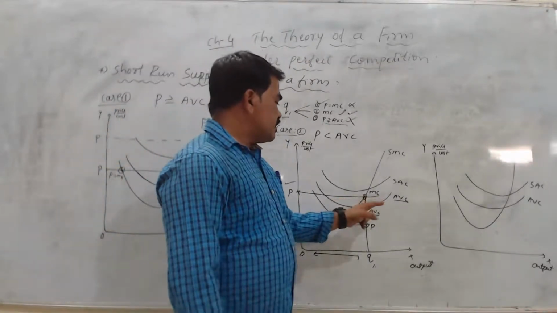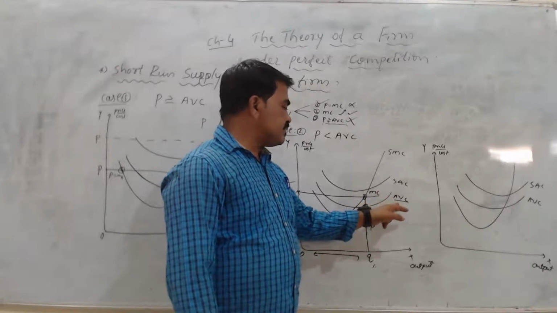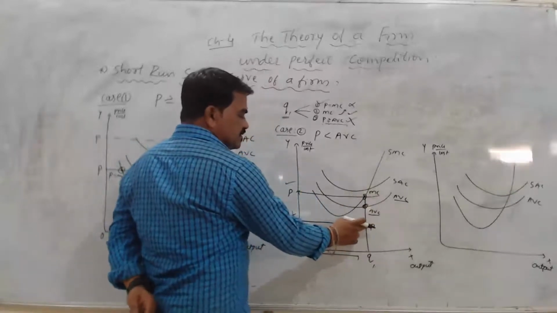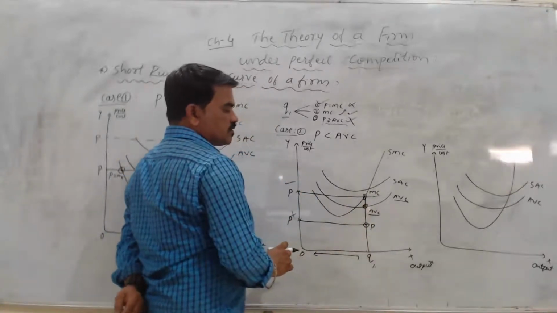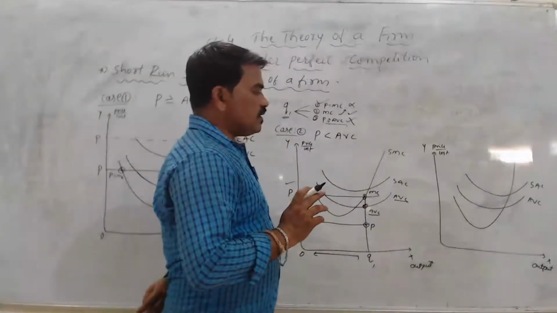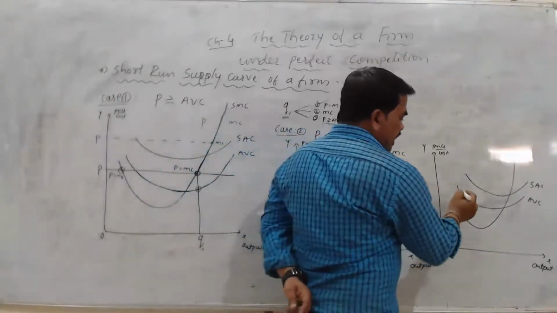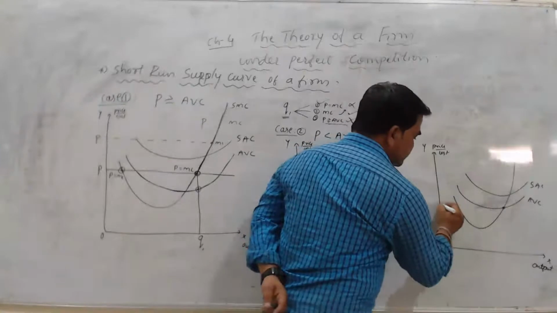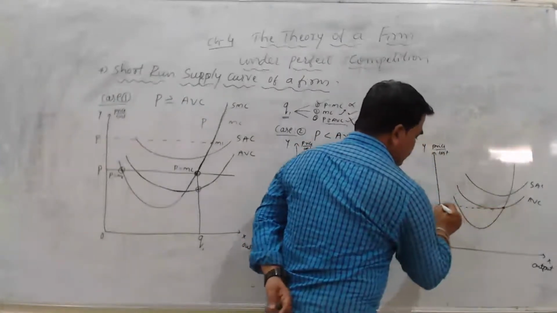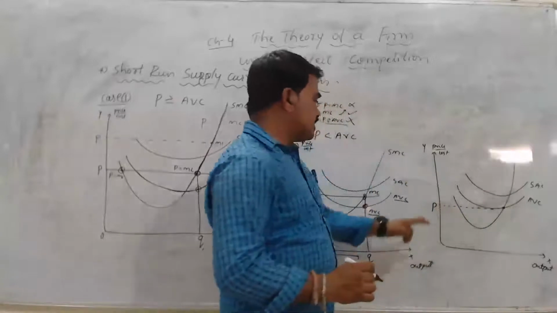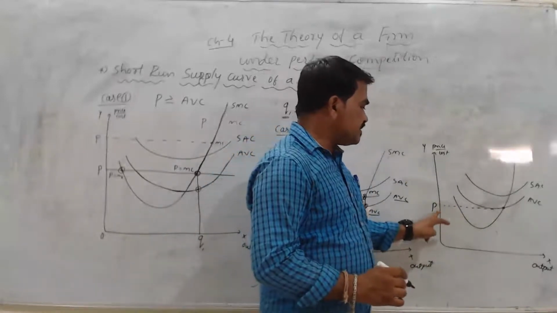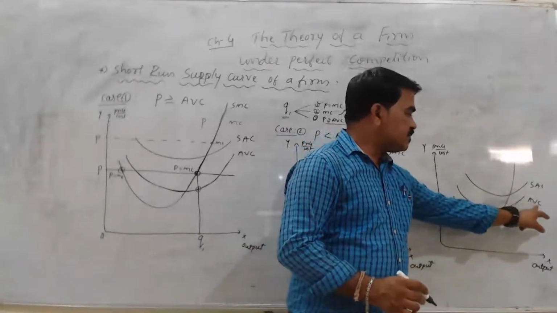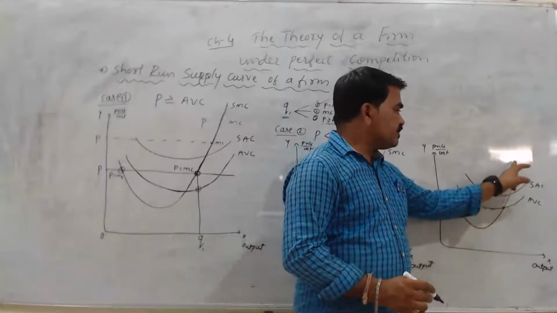If you see, at this point the price is greater than average variable cost, and here the price is lesser than average variable cost. This is the point we will consider at this price, where the average variable cost curve is cutting the marginal cost curve.